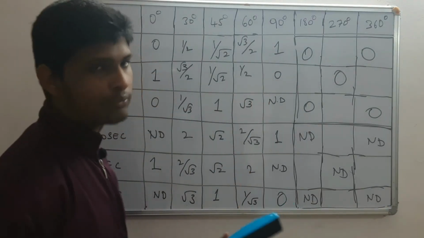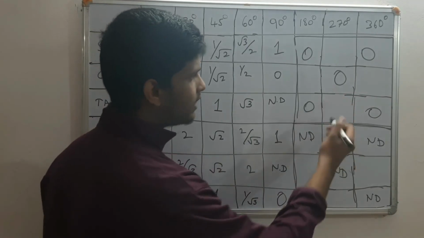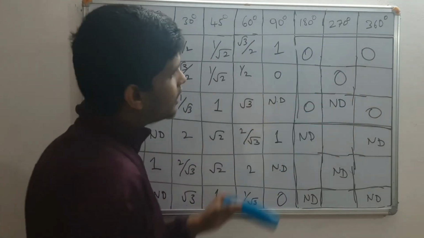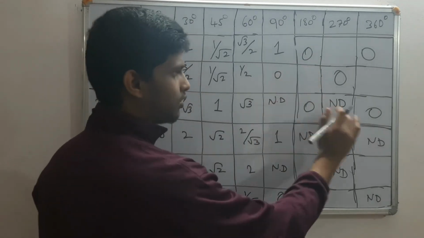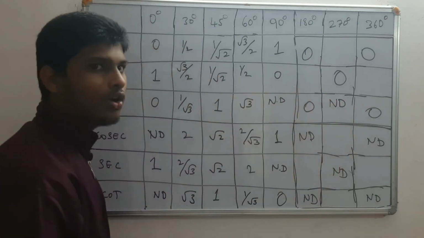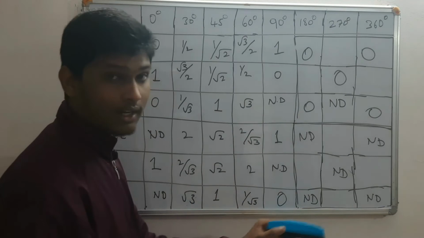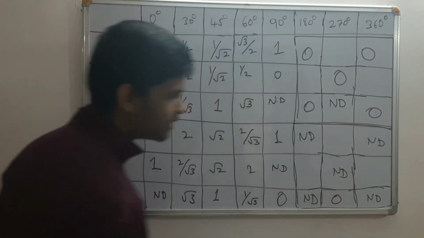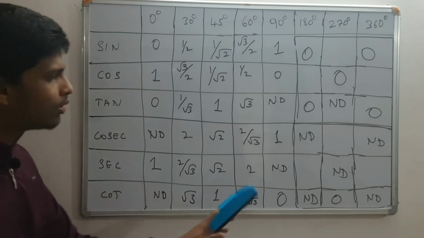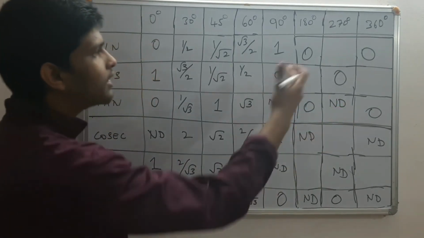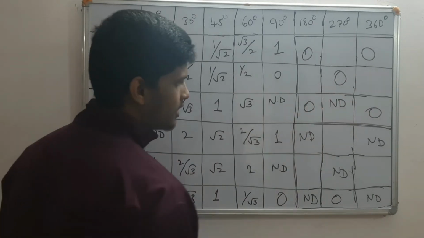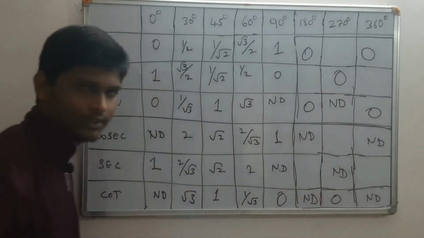So after writing this much, in the first 3 into 3 box, at the last row, in the center box you should write not defined, and again in the second 3 into 3 box, at the last row in the middle box you should write 0. Here everything is zeros and opposite it is not defined. Here everything is not defined, opposite is 0.